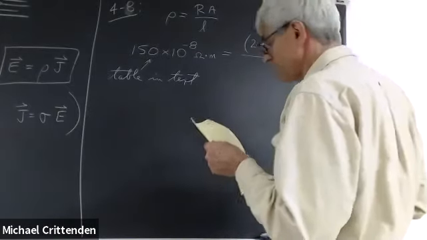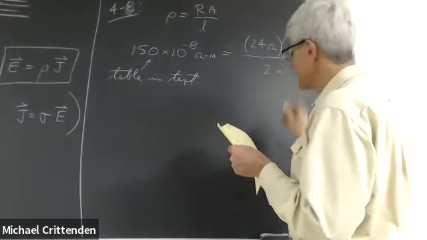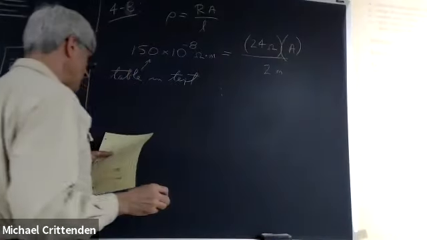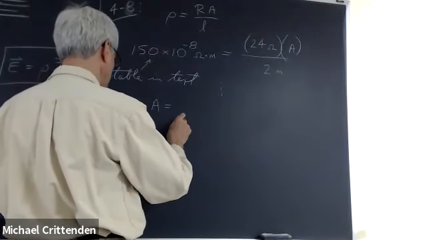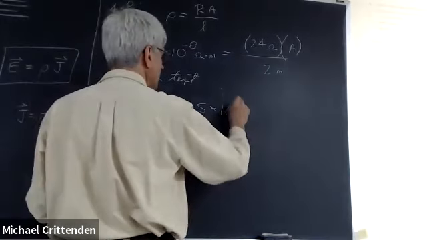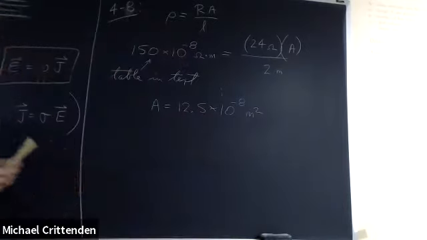24 ohms for the resistance. A, I want to calculate. 2 meters for the length. So a couple lines of fairly obvious algebra. The cross-sectional area of the wire comes out 12.5 times 10 to the negative 8. Multiply both sides by 2, divide both sides by 24, and that's what you have after doing that.